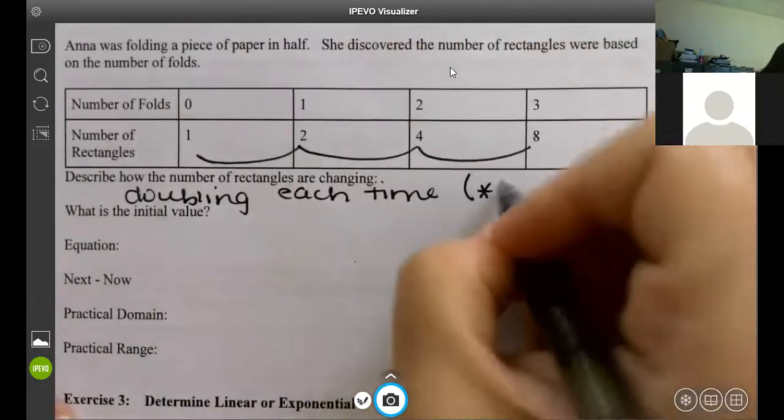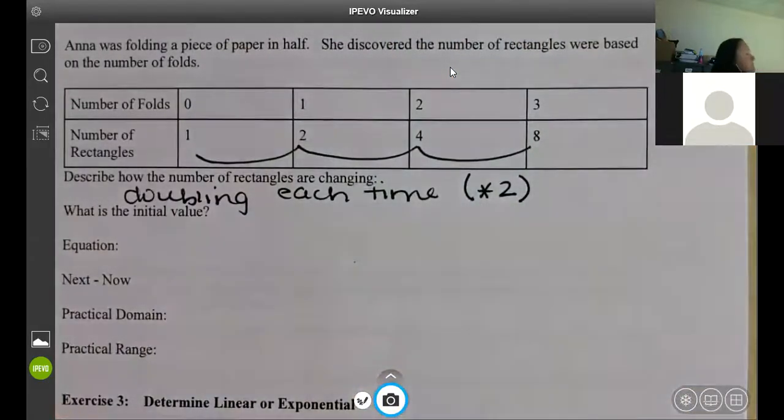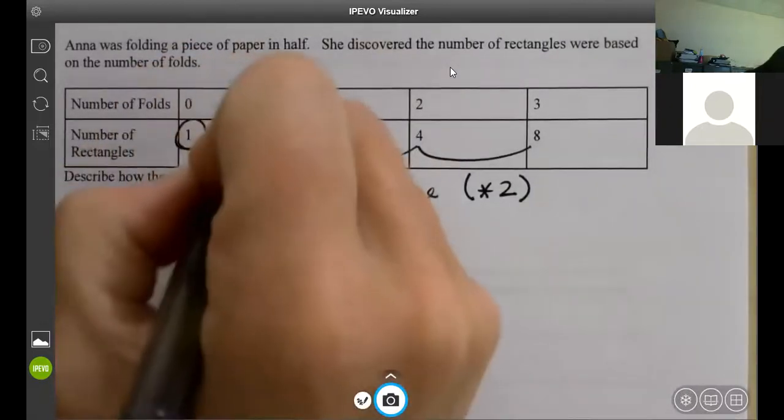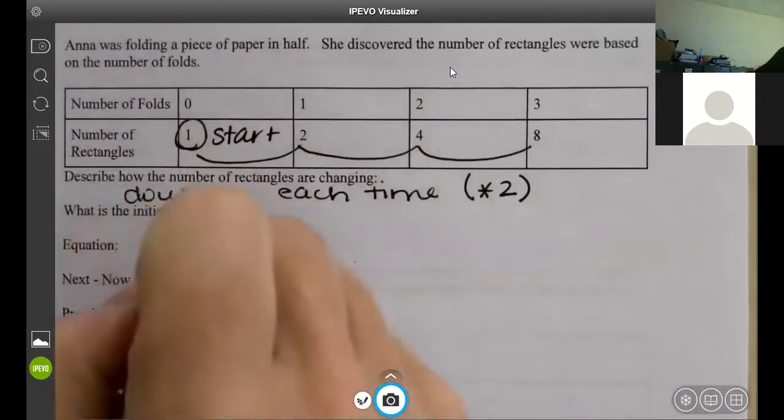Remember, doubling is times 2. What's your initial value? What did we start with? Yeah. 1. We started with 1. 0 is where we find where we start. So this number is our start, whatever is with that 0. So we started at 1.